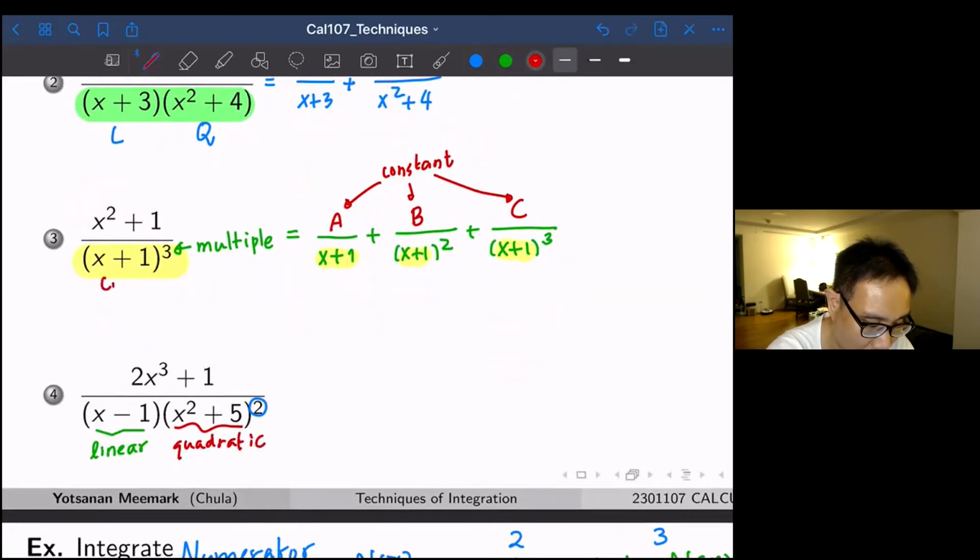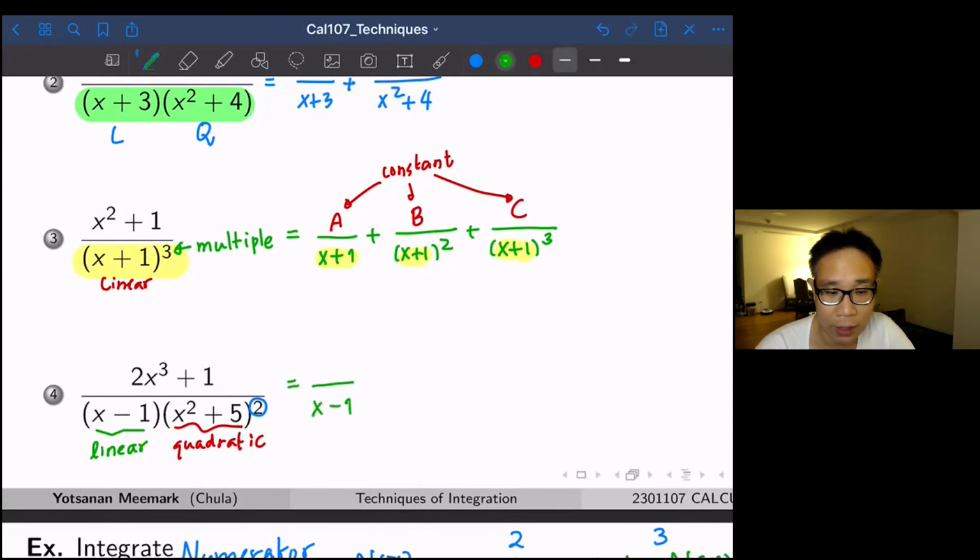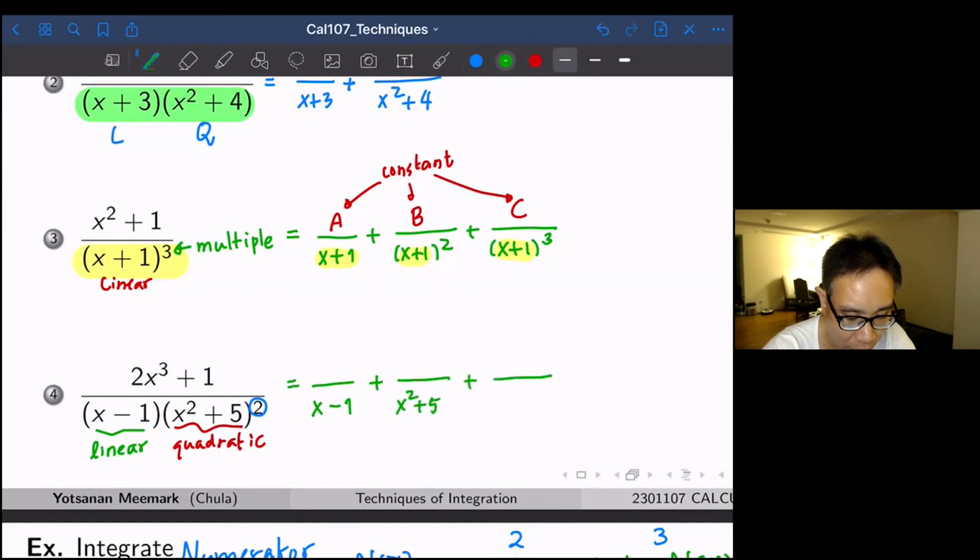So you're going to decompose this guy in terms of x minus 1, and it is only one term because this guy is to the first power, and you're going to have quadratic x squared plus 5, and x squared plus 5 again, two terms due to the multiple equal to 2. So this one is your multiple.